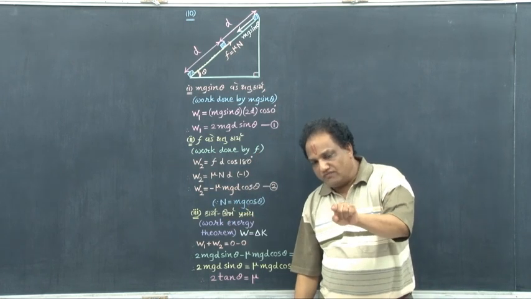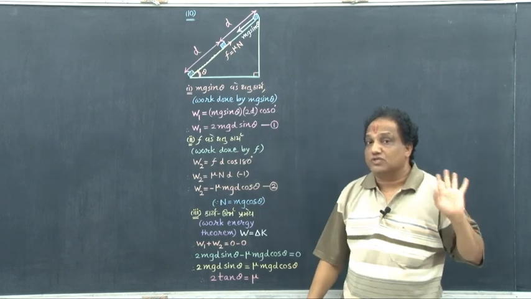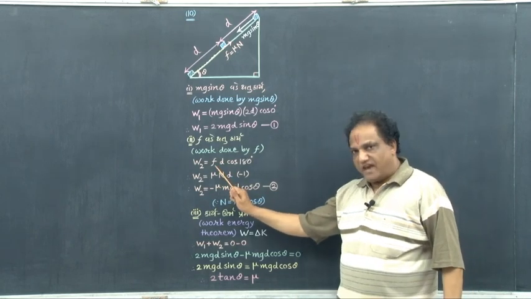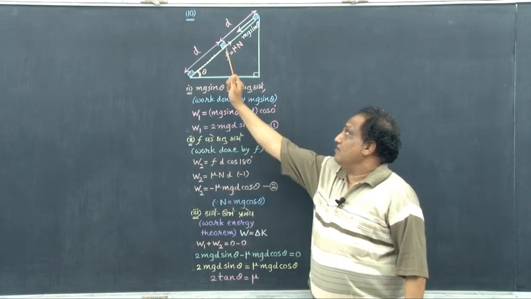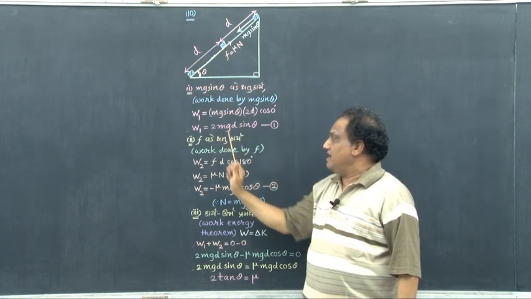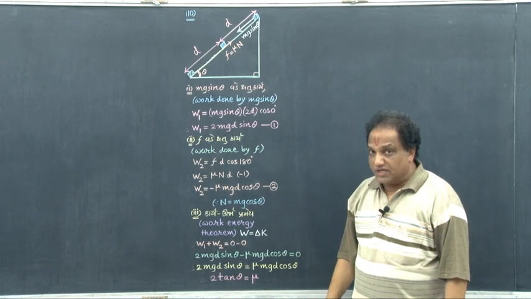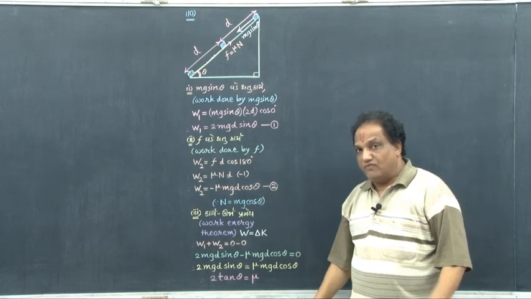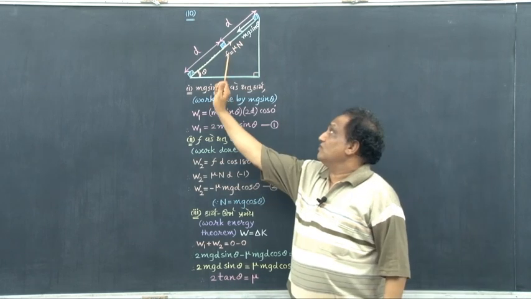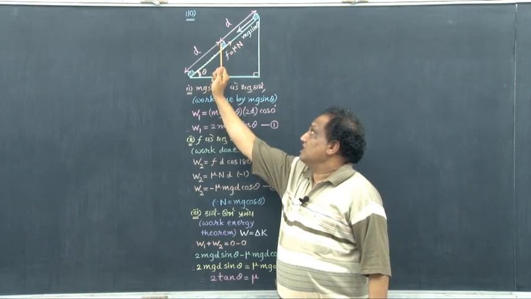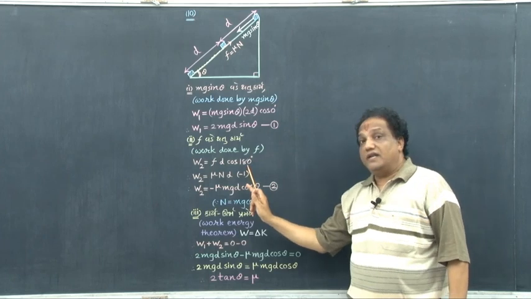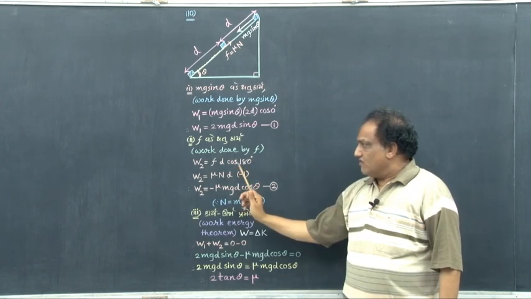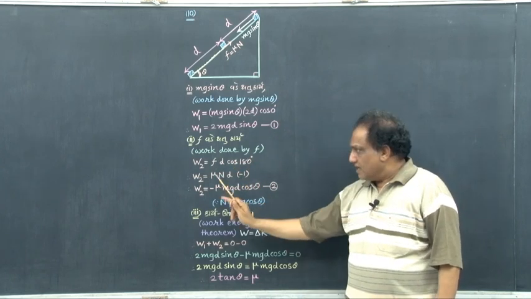Again, it is constant force multiplied by displacement multiplied by cos theta. Constant force is f, which is frictional force right now. Displacement from here to here is only d, multiplied by cos theta. Theta is the angle between force and displacement. Frictional force is in this direction, displacement is in just the opposite direction, that is why the angle is 180 degrees. Cos of 180 degrees is minus 1.